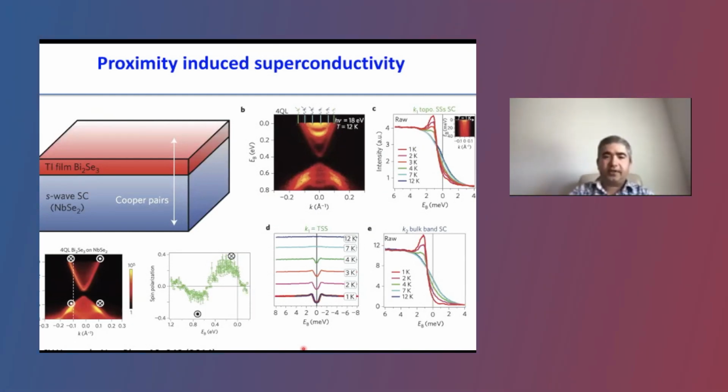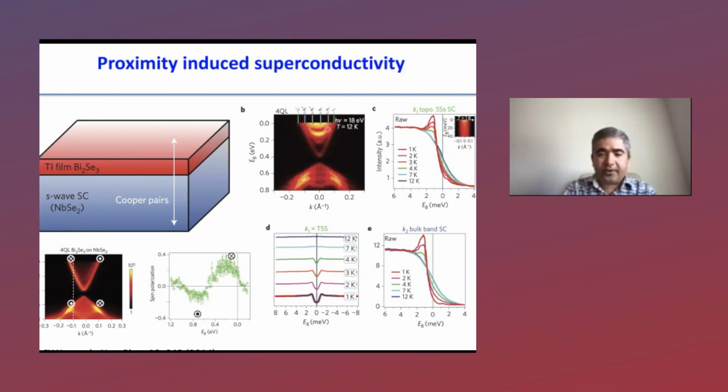This is proximity-induced superconductivity. This is one of our earlier works, where we grew bismuth selenide on top of niobium diselenide using MBE. Due to the proximity effect, superconductivity can be observed on this bismuth selenide film. For example, this 4QL, 4 quantum layers, is around 4 nanometers.